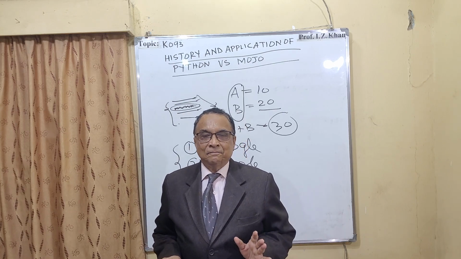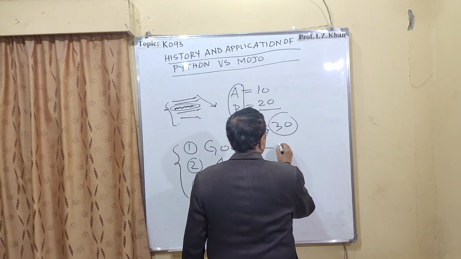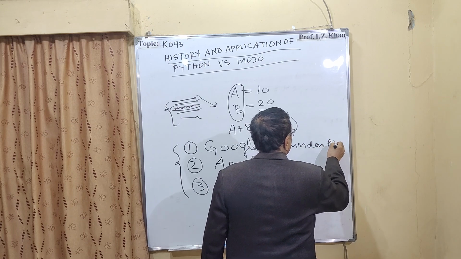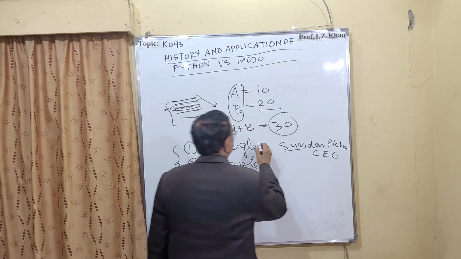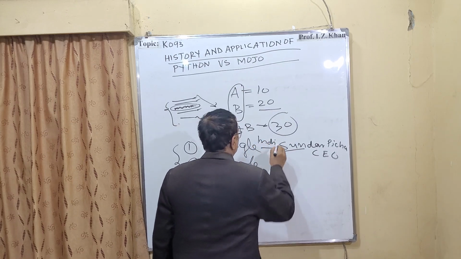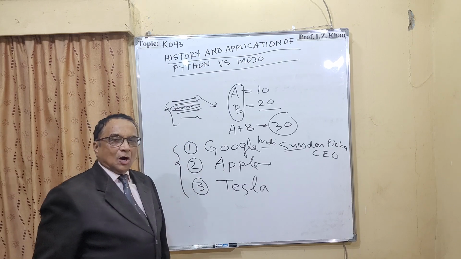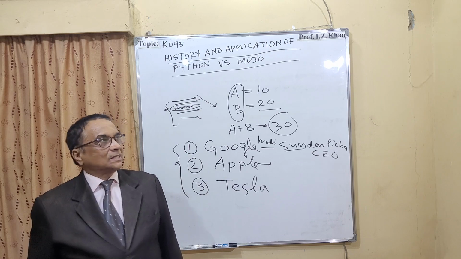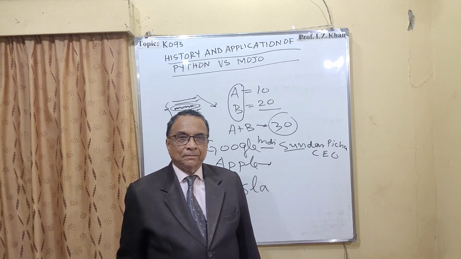One is Google, and the CEO is Sundar Pichai. This Sundar Pichai is Indian. And then Apple. Actually for Apple, Steve Jobs is the founding father, but he passed away, that was in October 2011.